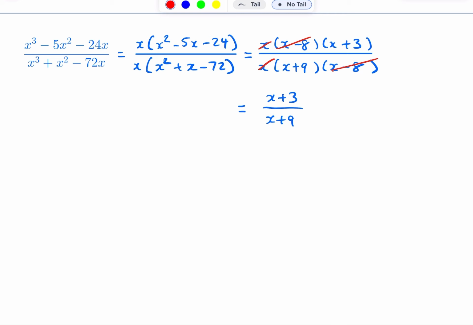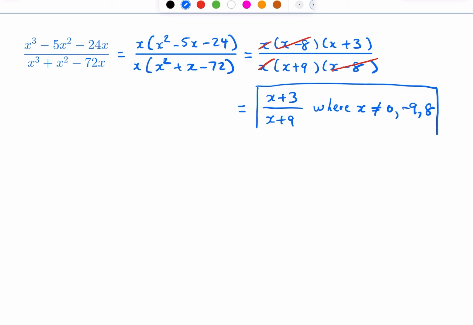And the reason we're looking for zeros is because you can't have a denominator with a 0 value in there, because if we do, it's no longer a rational expression. Okay, so we would say that this answer would be x plus 3 over x plus 9, where x does not equal 0, -9, or 8. Okay, and so this becomes our answer.